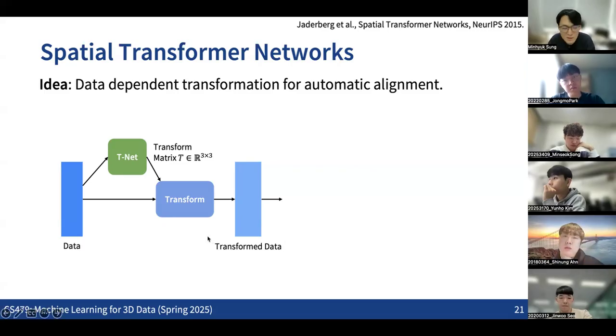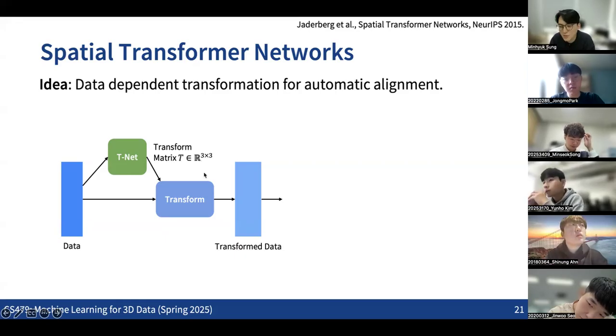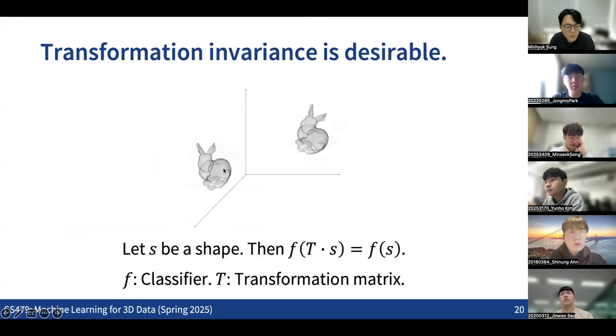It is clear. So we have a neural network predicting a 3x3 matrix, and this becomes a rotation matrix rotating the given point cloud, and then we feed this rotated point cloud as the input to the rest of the neural net. Here one question might be: we are just predicting a 3x3 matrix, but how do we know whether this is really a rotation matrix or any random transformation? Obviously, what we want is that a rotated rabbit here is the same rabbit.